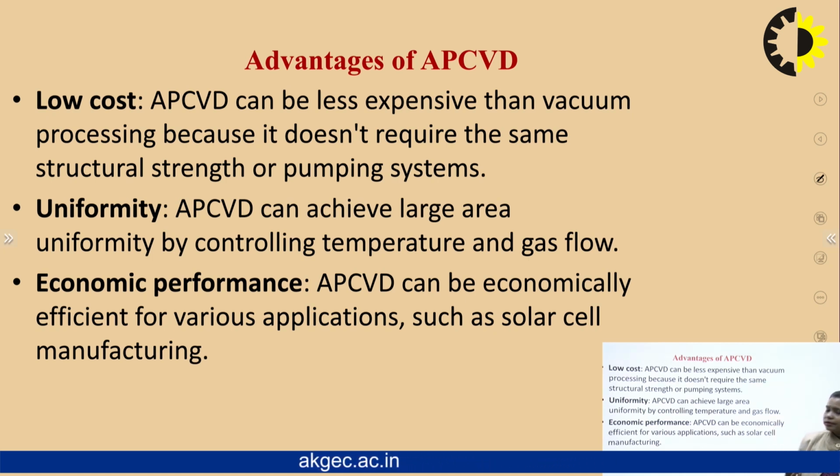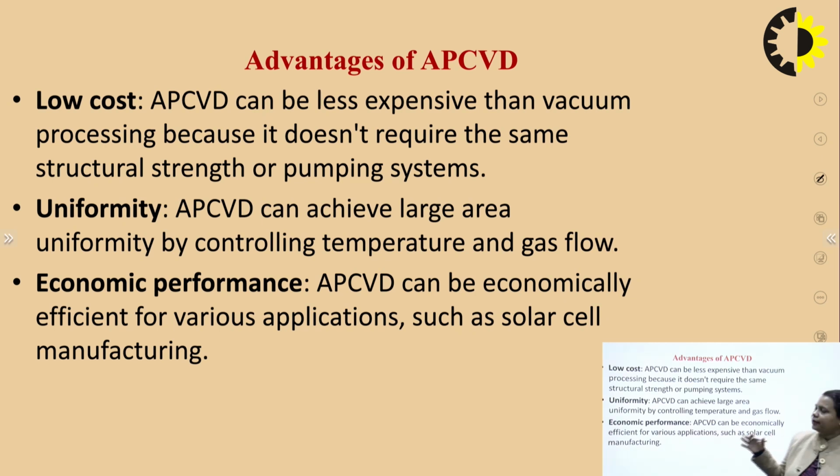Atmospheric pressure CVD is low cost because it does not require any extra process for creating pressure. It utilizes only atmospheric pressure, and it can be less expensive than vacuum processing, because it does not require the same structural strength or pumping system. It does not require the extra pumping system which we require in other methods, which I am going to explain, because there we have to maintain the pressure in the vacuum chamber, right?